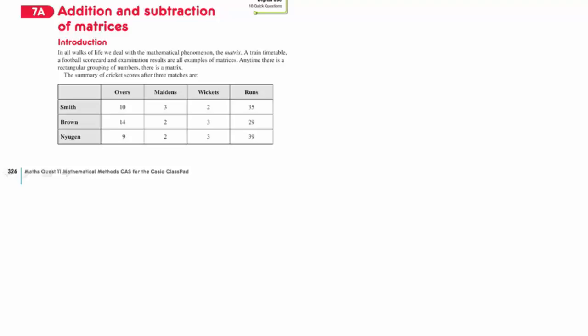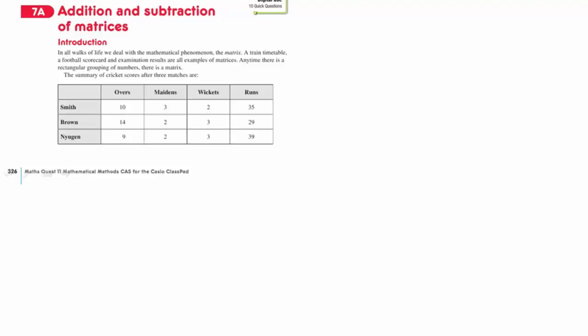Even manually, if you're looking at a train timetable, or a football scoreboard, or a scorecard, or your examination results, or even if you're looking in a restaurant at the menu, you were effectively looking at examples of matrices.